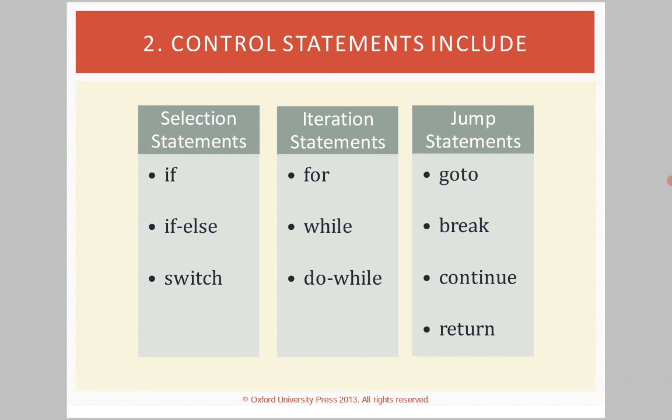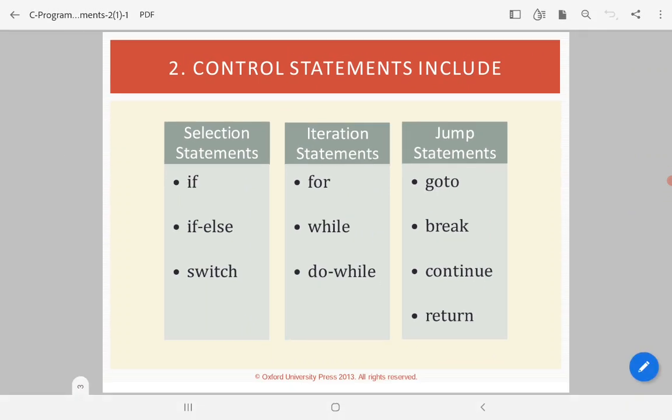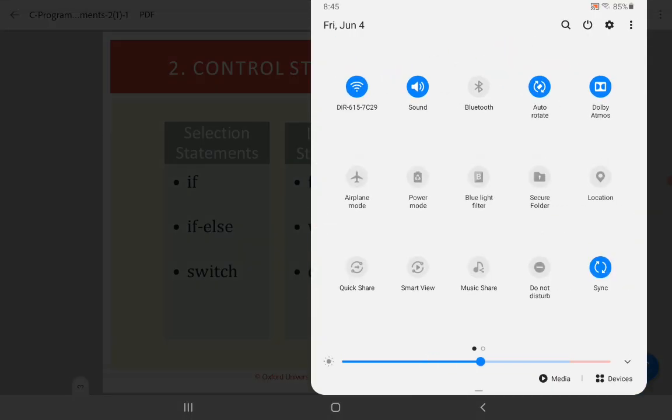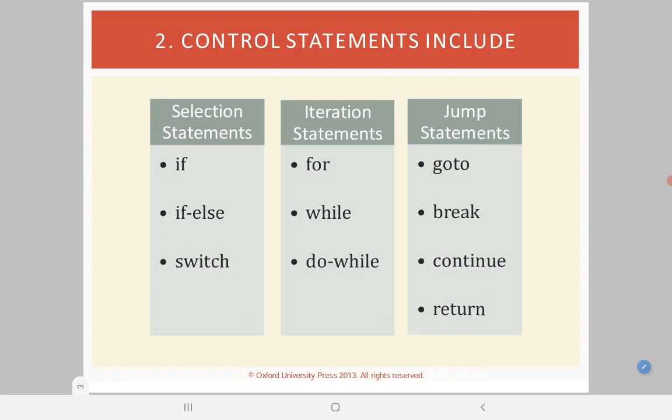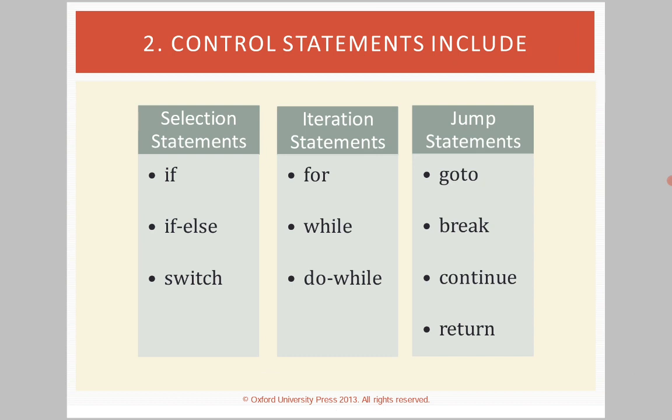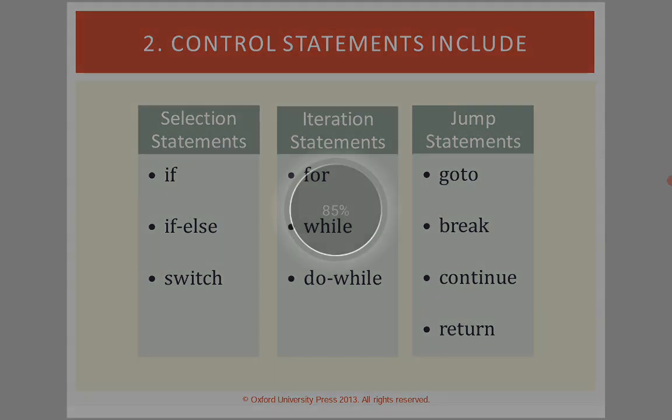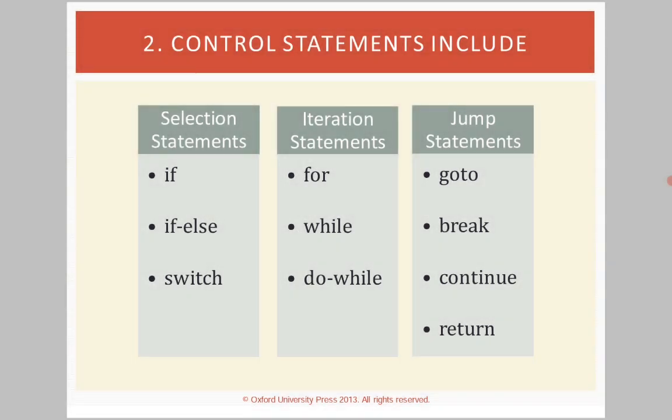As we already discussed in the previous PPTs or previous class, control statements are basically 2 types, but in this PPT they tell 3 types. First is selection statements, second is iteration statements, third is jump or jumping statements.